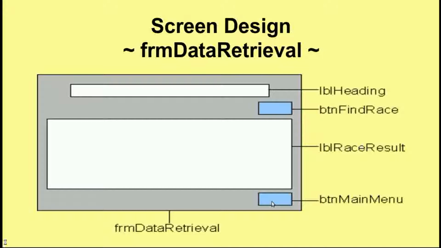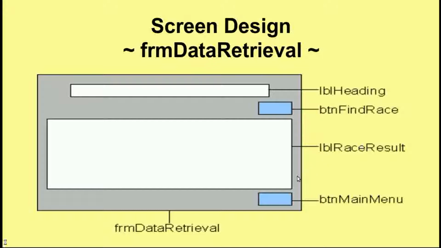In this way, we're going to keep all the information that we need to design a screen easily available. Don't just plonk bits on a form. Give them names, and give them the correct names. Use the little shortcut letters to make sure that you know which item you're working with when you come to write the program.